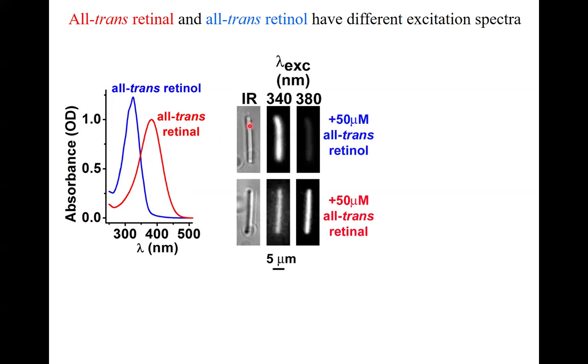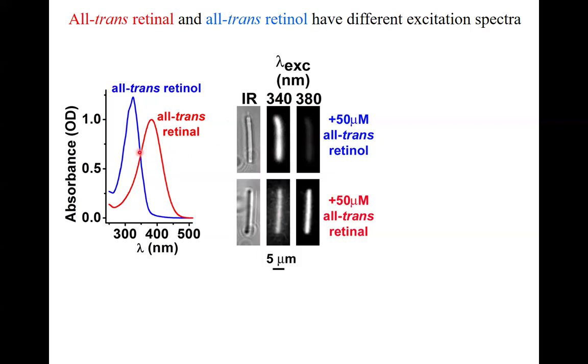These are broken off rod outer segments, and they do not have any connection to metabolic machinery. They're pretty inert, and we load them with a lot of retinol or retinal, and we excite at 340 and at 380 nanometers, and we collect the emission above 420 nanometers.